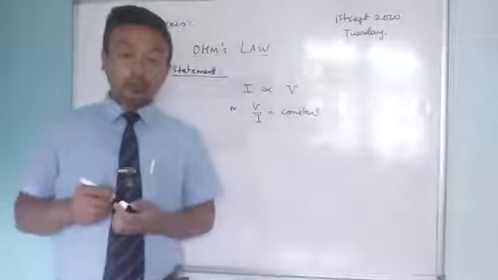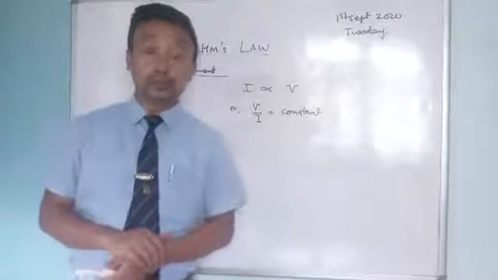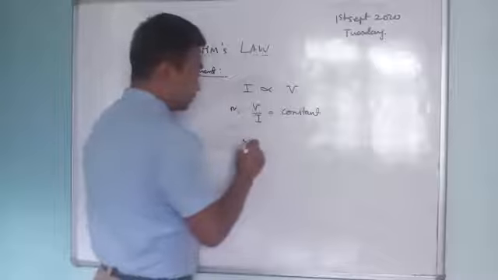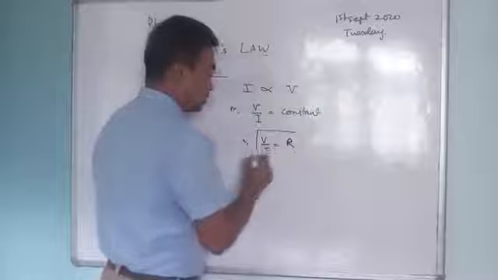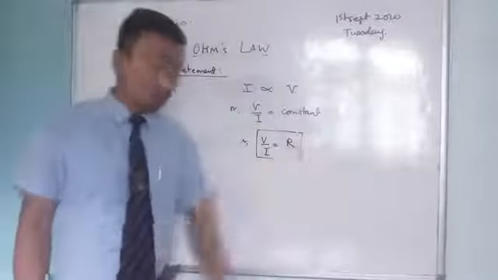This constant is equal to the resistance of the conductor. So we get the formula of resistance from Ohm's law.